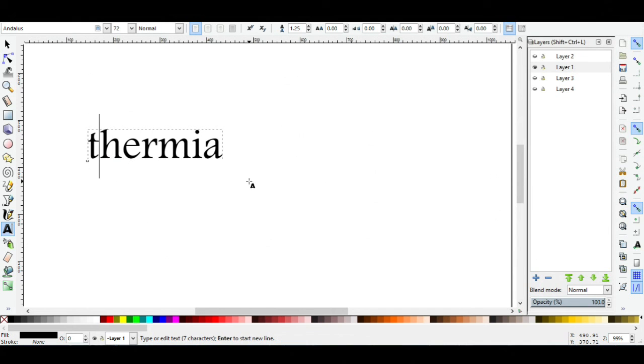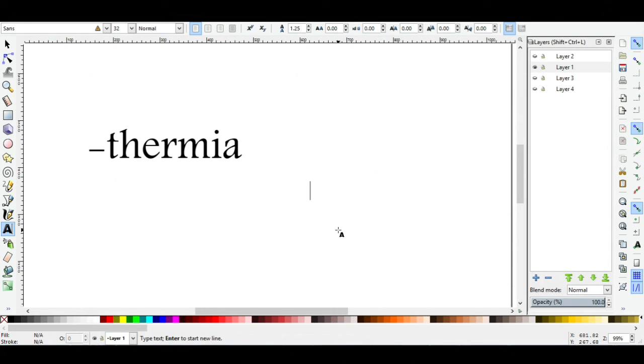So I've gone with thermia like that, which is a little bit pompous, but in a nice way. It actually has something to say. I think the hyphen gives it a kind of investigate more, and it's different. I haven't seen that much, if at all. So different is always good, there's nothing wrong with that.